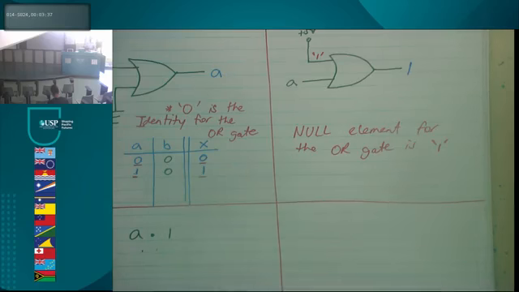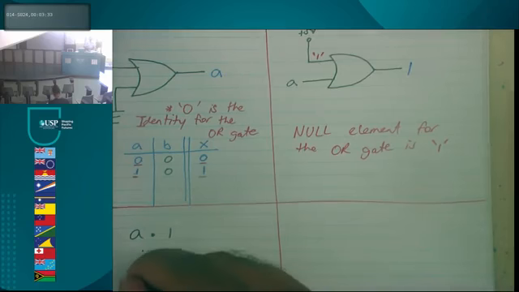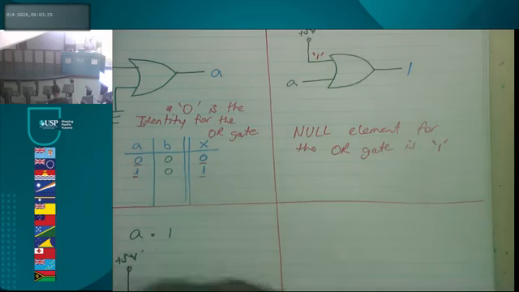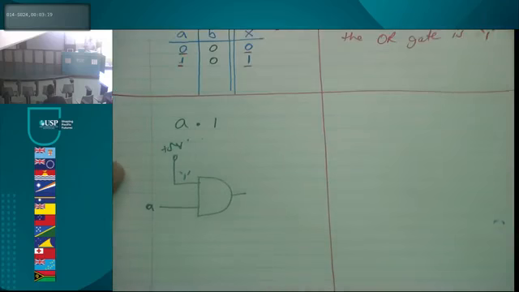Okay, now let's have a look at this one. So you have plus 5 volts, which is the same as saying logic 1, and you have A. And you are saying, what is the output?